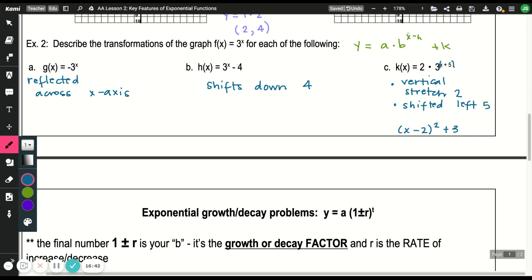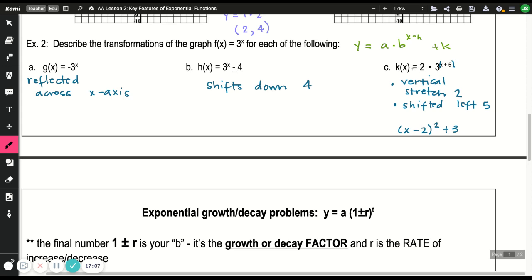So if you want to take this and put any notes on it, those are the 4 transformations. Reflected across the x-axis if it's negative in front. If there's something added or subtracted, that shifts it up or down in the direction of the sign. Since this is a negative, that's going to go down 4.